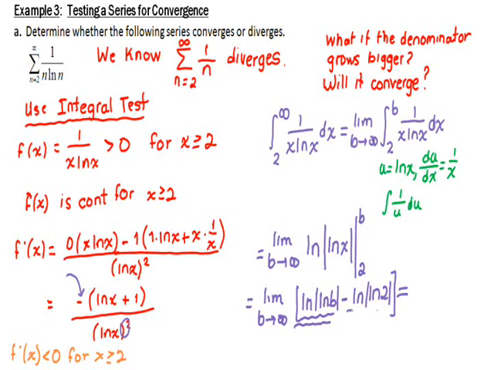Now, I don't want to pretend like I know what the natural log of the natural log of 2 is, but it's some constant. But that constant is pretty much going to be meaningless when it's subtracted from infinity. So if you recall, if an improper integral yields an answer of infinity, we would say that it diverges. So if the improper integral diverges, then that says that our series will have the same behavior, thus divergent.